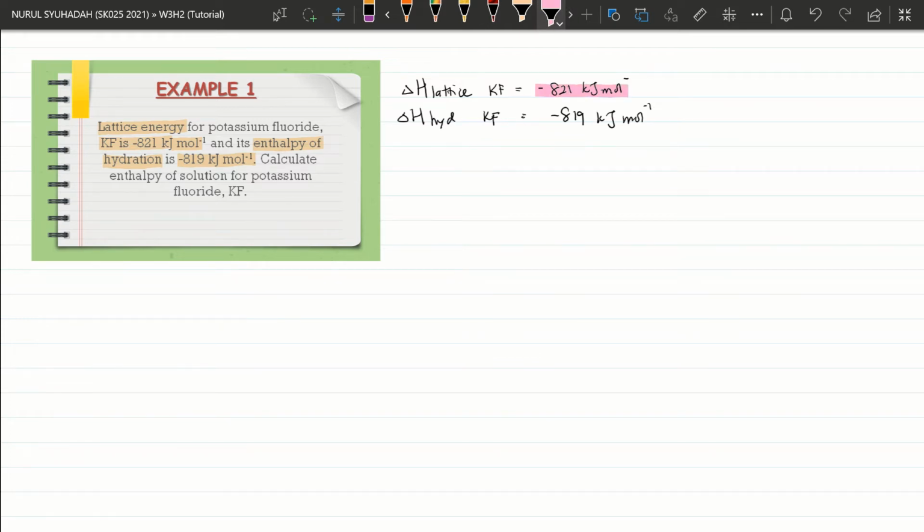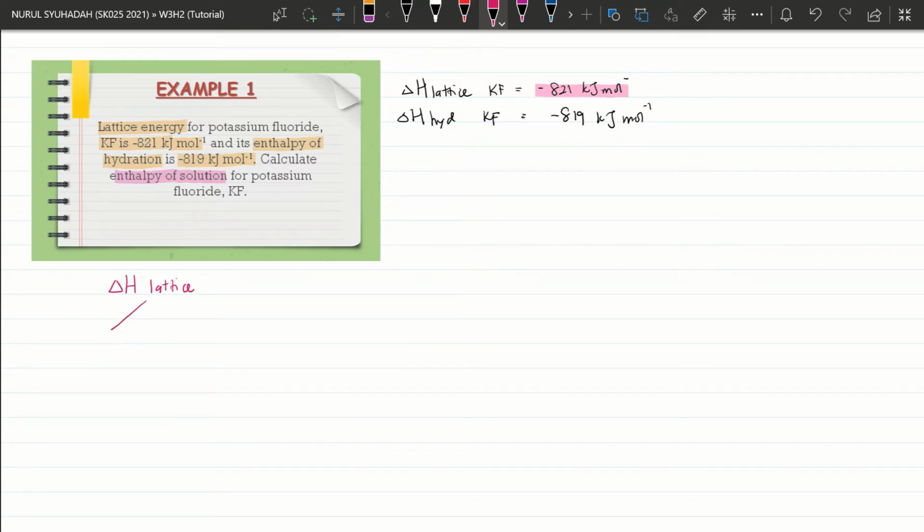As I mentioned before, to find our enthalpy of solution, the equation will always be delta H lattice plus delta H hydration, and the lattice must be a positive value. So why do we get a negative value over here? When we talk about delta H lattice, we have two types of lattice.